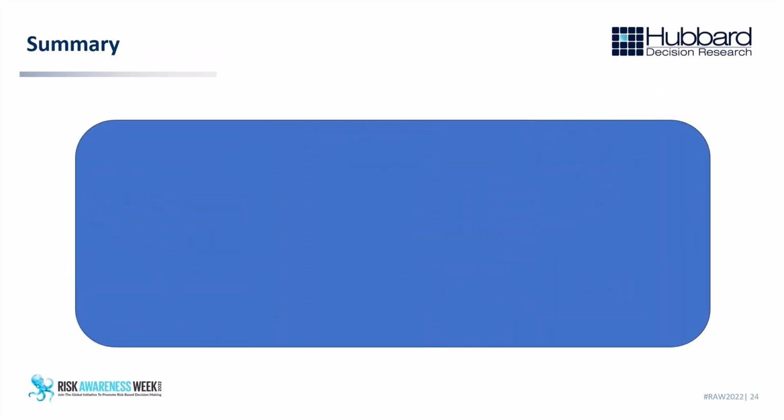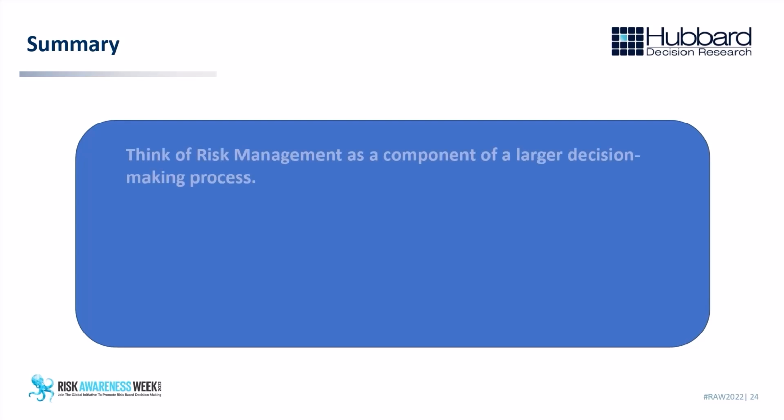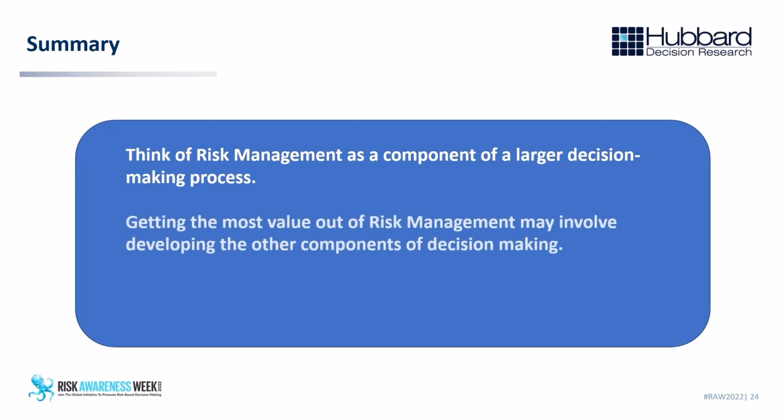All right, so let me summarize all of this. First, think of risk management as a component of a larger decision-making process, not as a separate thing or a separate goal by itself. It's part of decision-making. Getting the most value out of risk management is probably going to involve developing the other components of decision-making so that you can connect with them a little bit better, all right?